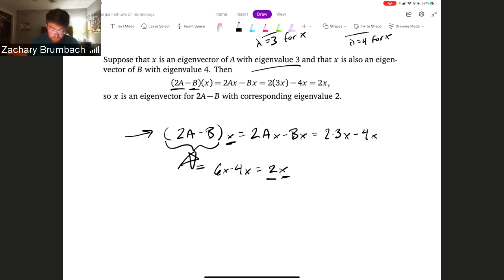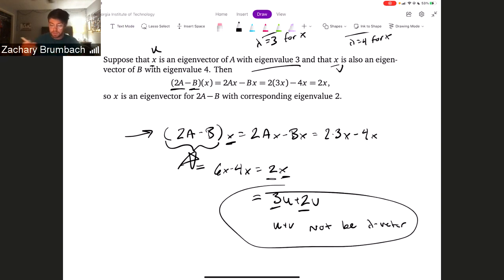In some other cases, you might get, in this case, they give you the same x. If this was u and this was v, and you got something that looked like 3u plus 2v, it's a different number with u and v, so u plus v would not be an eigenvector.